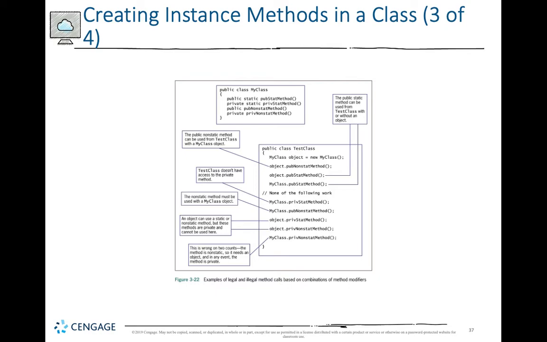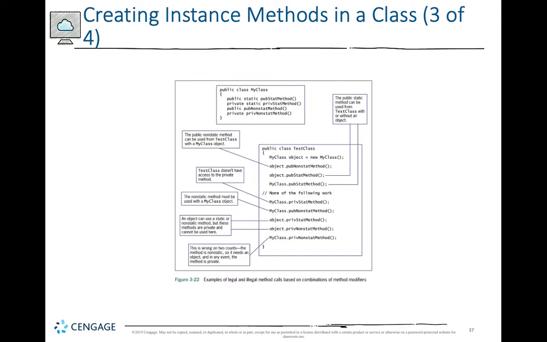If you have it on your own screen, you're going to have to put your forehead to the monitor to see it. So you have MyClass object equals new MyClass, and then you have object dot pubNonStaticMethod. See, I can't even see it. Yeah, pubNonStaticMethod is the name of the method, right?